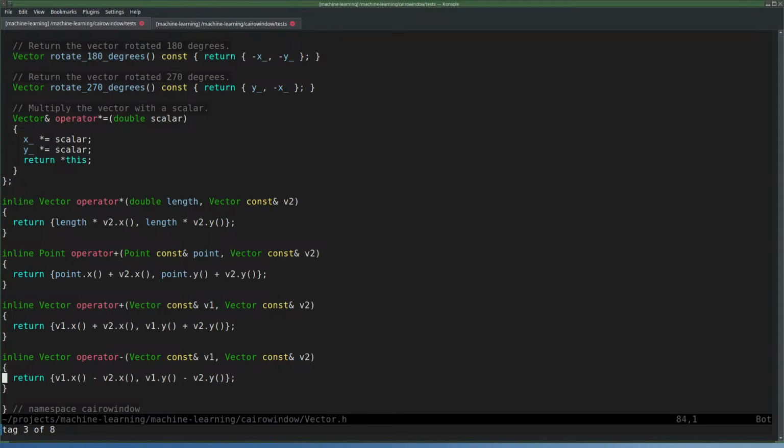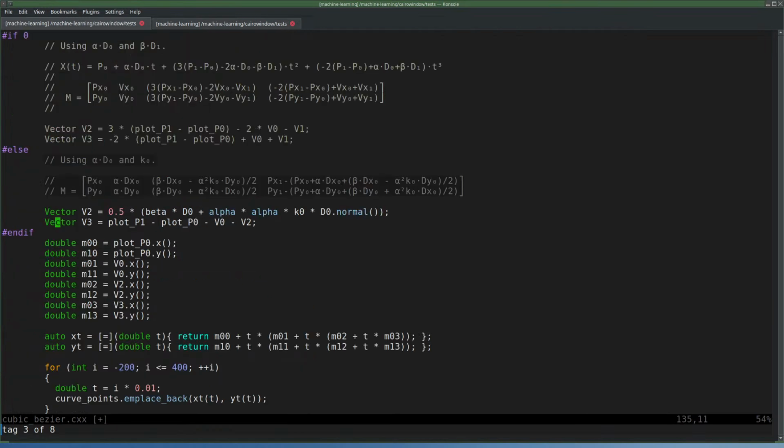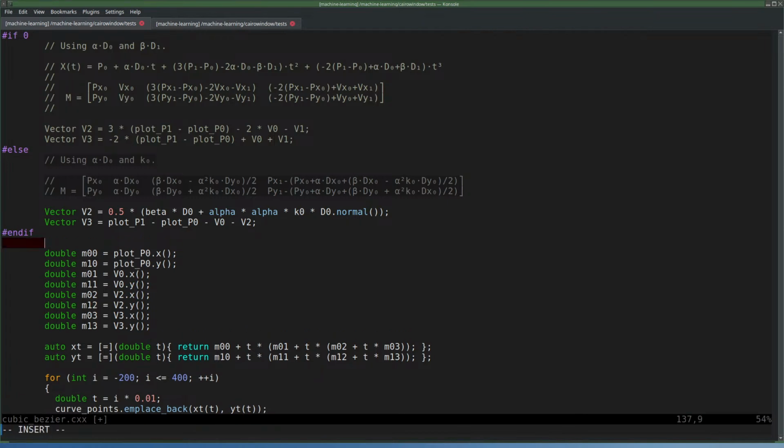Just subtract the second one from the first. So that does what I had in mind. Good.